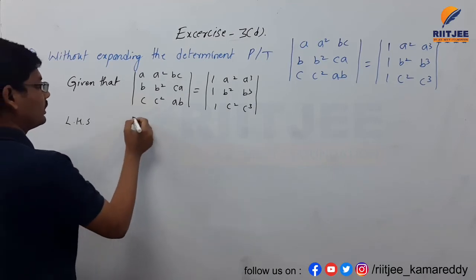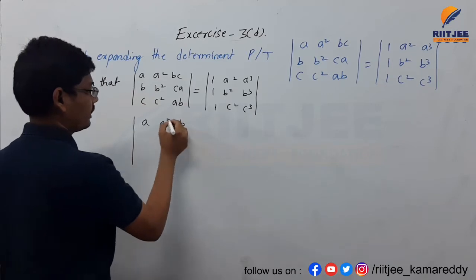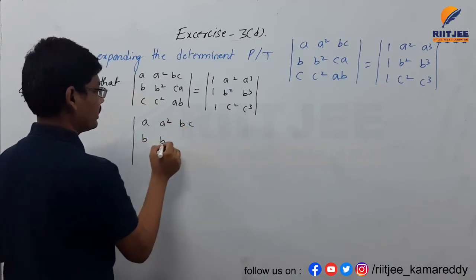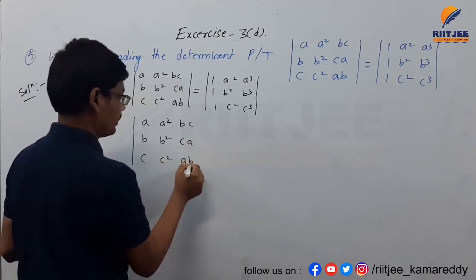So after taking LHS, we have A square BC, B square CA and C square AB.